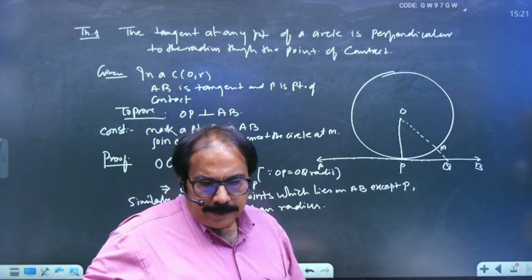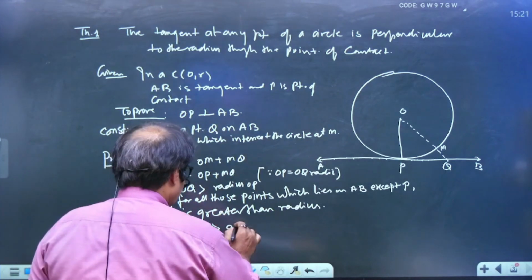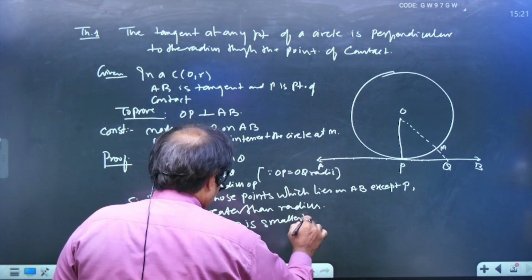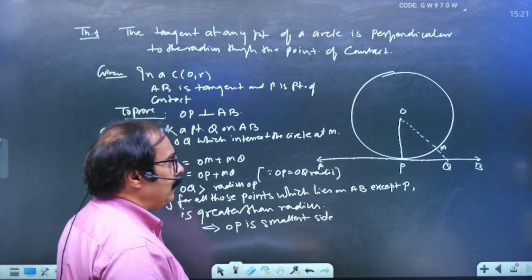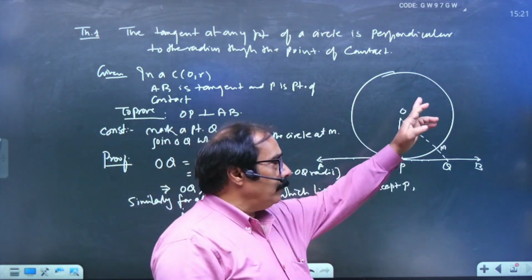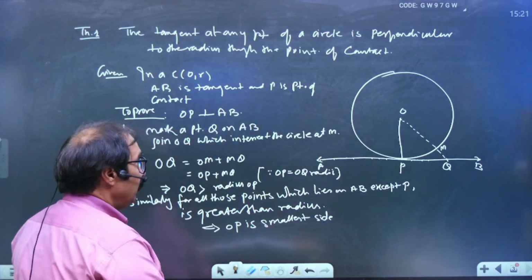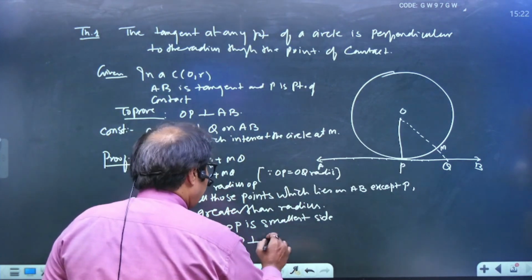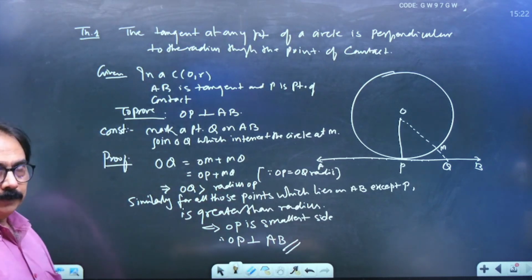So it means that OP is the shortest distance. As we read in the 9th class, the line joining from the given point to a line will be perpendicular when it is shortest. So we can say that OP is perpendicular to AB, and this is the proof of this theorem.